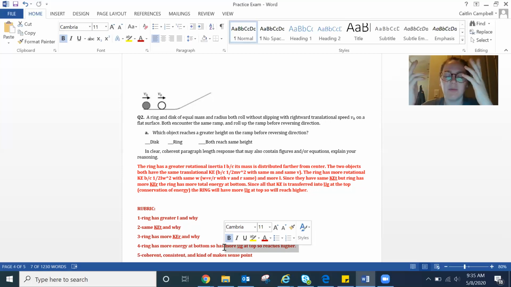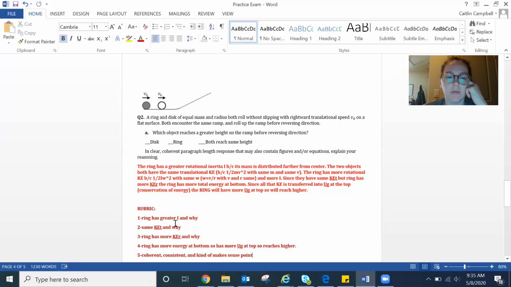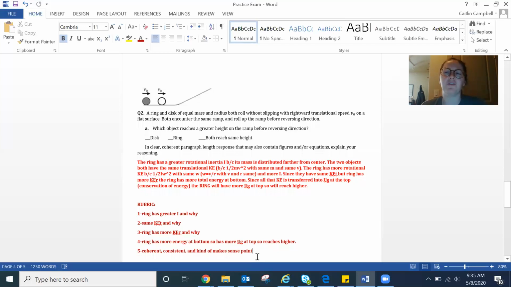It's kind of a vague point. Or maybe you used conservation of angular momentum and said this one has less omega, so blah, blah, blah. So you made one mistake, but you follow through, even though your reasoning is completely off, you can still get this last point, as long as you are doing kind of good physics and it kind of makes sense.